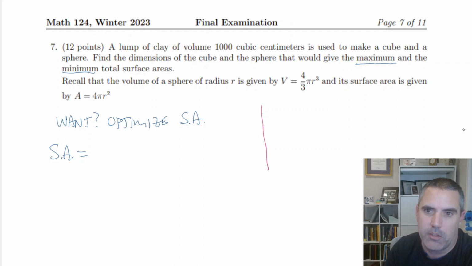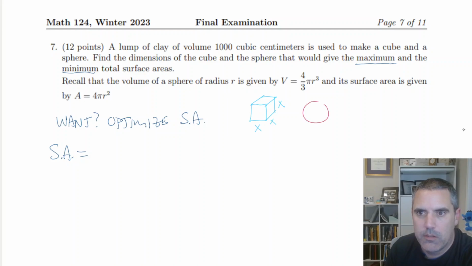Okay, I need a picture. I need a cube, X, X, X. I need a sphere. I think I would label the radius R. The surface area then would be the surface area of the cube, which has 6 sides.